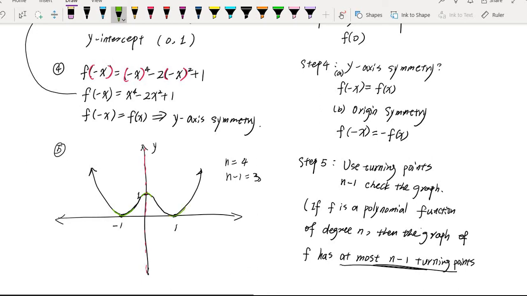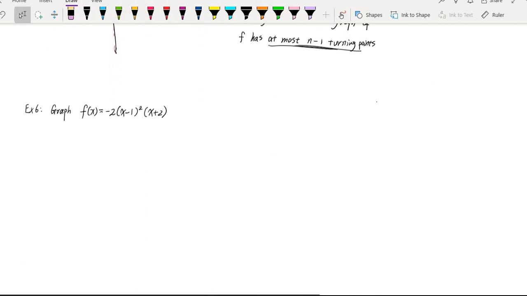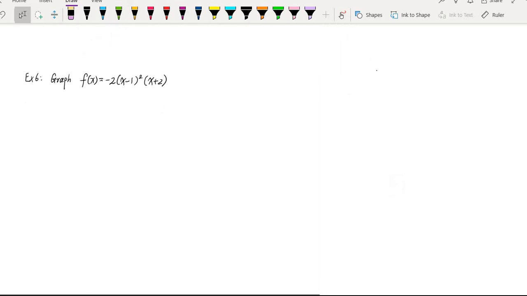That is 3 turning points at the most. So we got this graph correctly. That is how you graph this. Let's go back and look again. Let's graph example 6: f of x equals negative 2, times x minus 1 squared, times x plus 2.